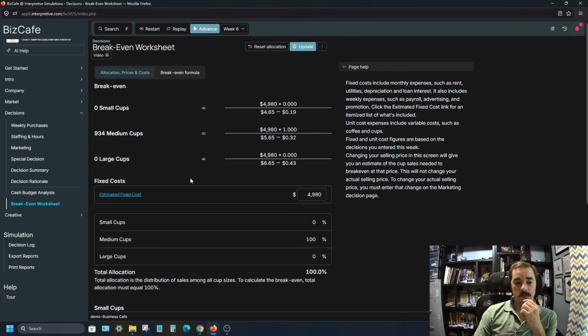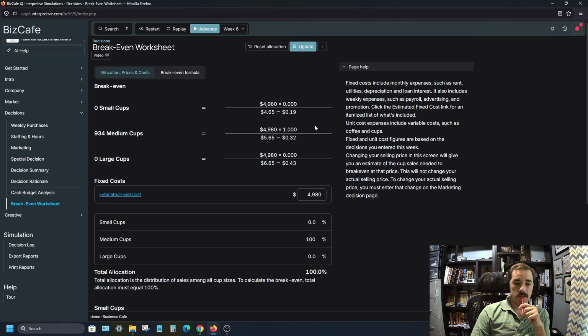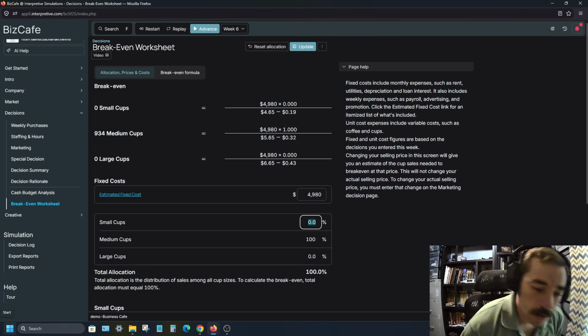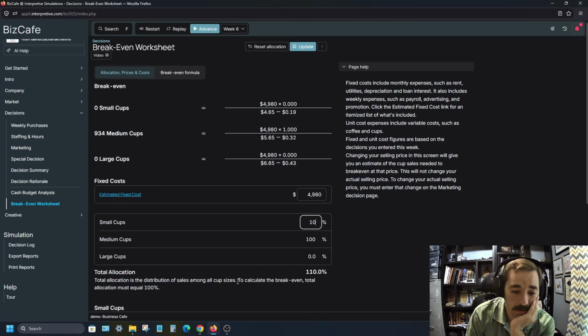Okay, on our break-even worksheet, let's see. What do we think the percentage will be? Sales tend to follow the Pareto principle, so let's say 10% small, 15% large, and 75% medium.